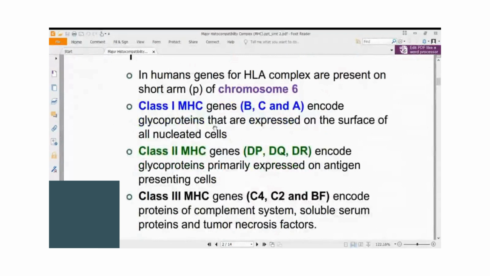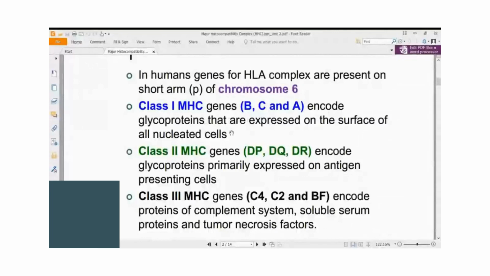Remember, all these proteins that are produced from these genes form conjugates to form glycoproteins. Class 1 MHC is a very important antigen by itself of a person, and that glycoprotein is expressed on all the nucleated cells.